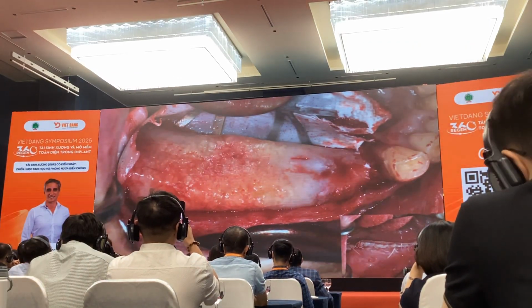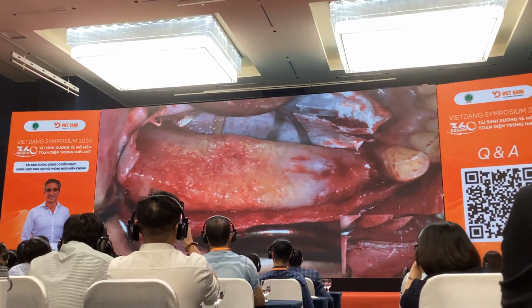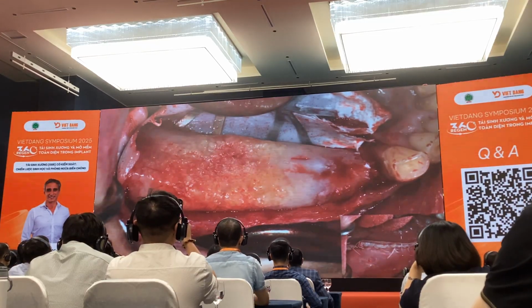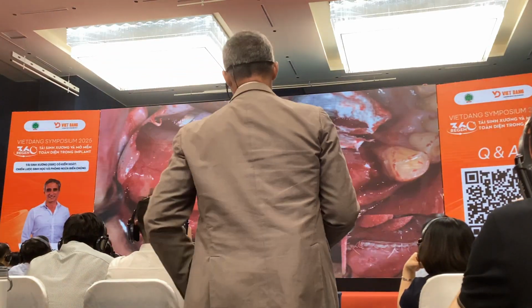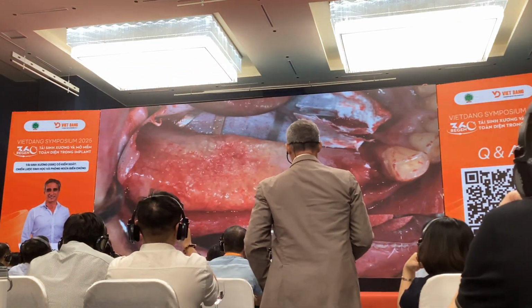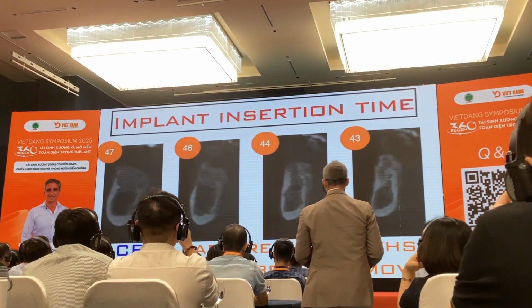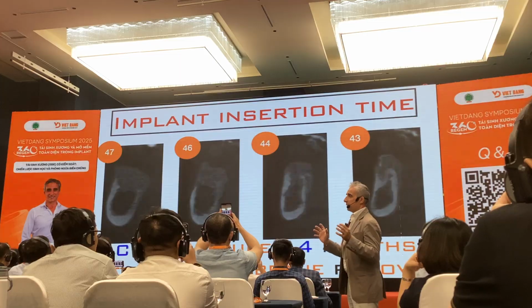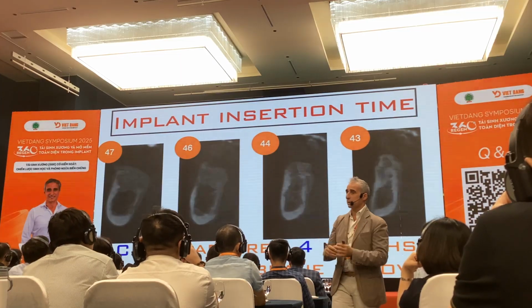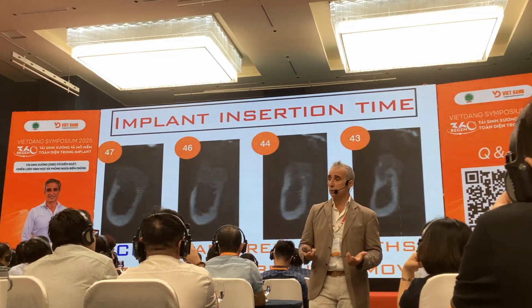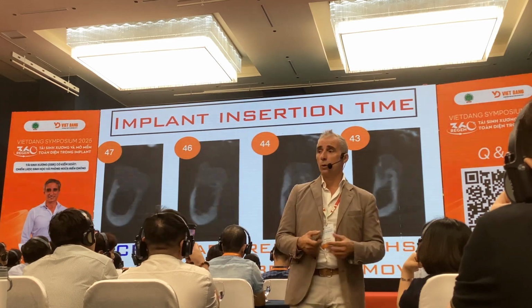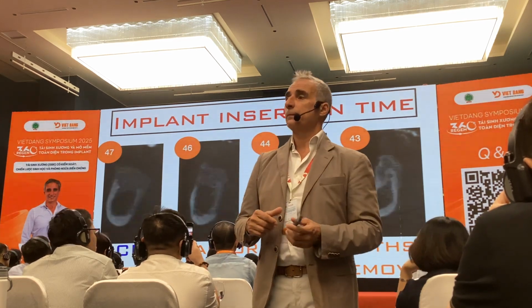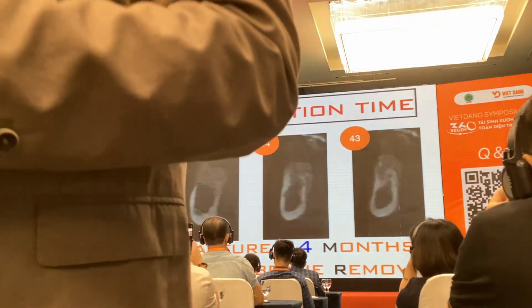The bone is very soft, too soft in order to place the implants contextually. And so, I decided to close the flaps in contact to promote the maturation of the bone and delay the insertion of the implants until after the maturation of the bone.